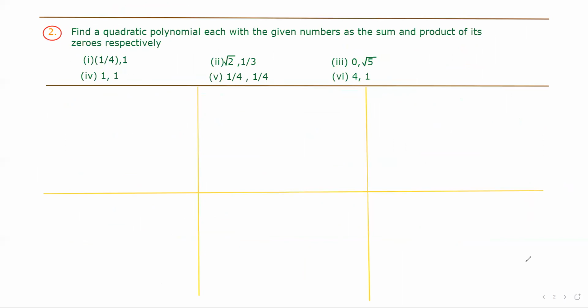Find the quadratic polynomial each with the given numbers as the sum and the product of its zeros respectively. So in this particular question, certain values are given. You have to formulate a quadratic polynomial with the given numbers as the sum and product of its zeros.